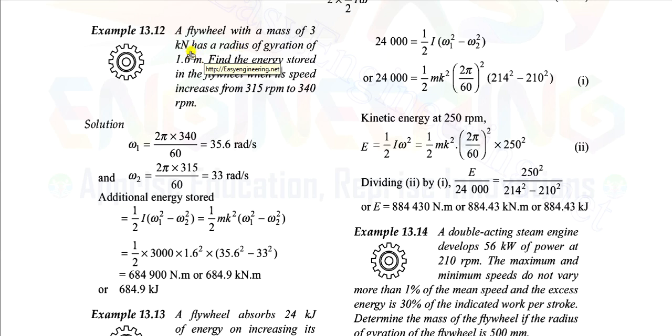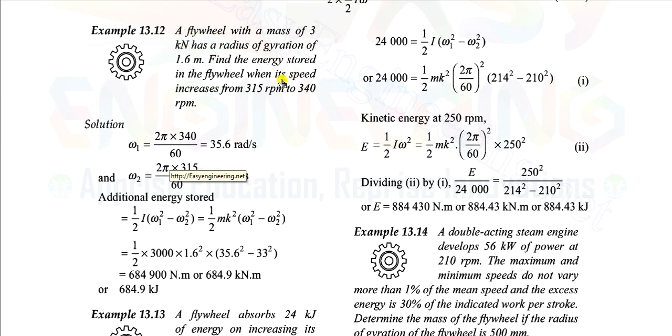Its speed increases from 315 rpm to 340 rpm, and it is asking how much energy it will store. Mass is given in kilonewton, which is exactly 3000 newton, but it will be 3000 kg.